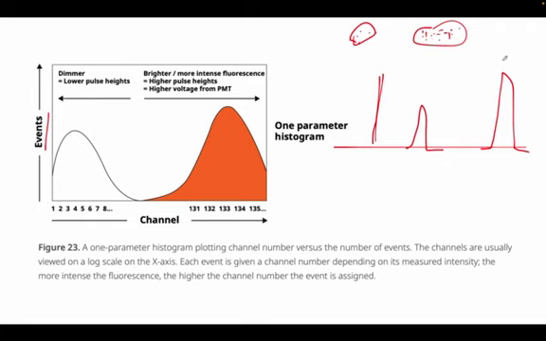Okay, and the height of these two peaks would be related to how many of these cells are present within the population. So if the low expressing cells are more, then this peak will be bigger. But if the high expressing cells are more, then this peak will be bigger. Okay. So this is a way of representing flow cytometry data, which is called a histogram.